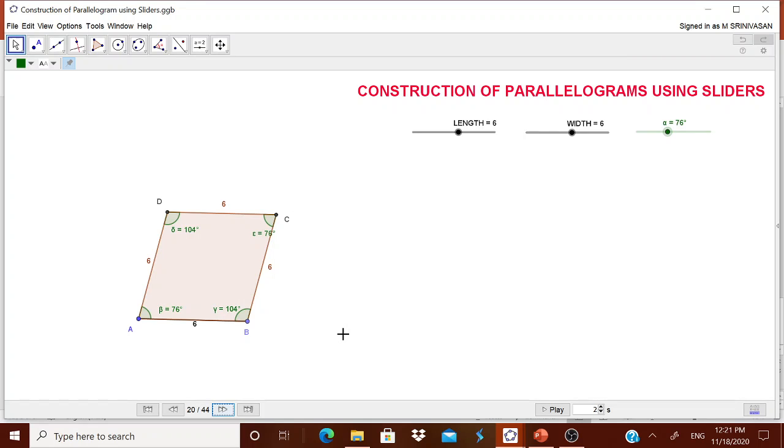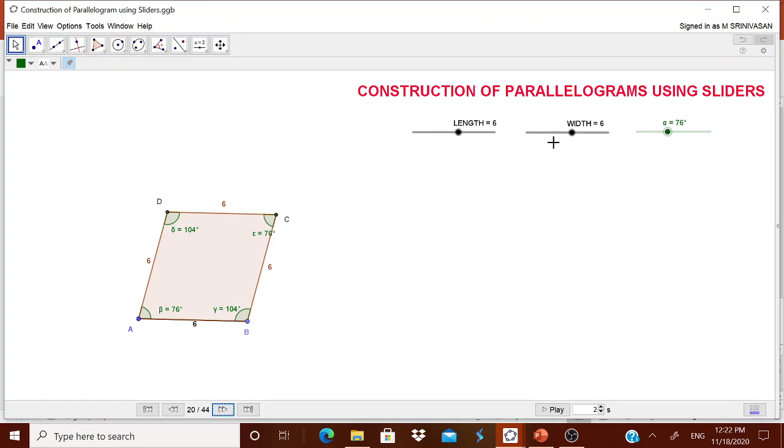Therefore, by changing the length, the width, and the angle, you can convert this parallelogram into a rhombus, a rectangle, or a square, and you can visualize or explore the properties of the parallelogram, rhombus, rectangle and square in a single worksheet.